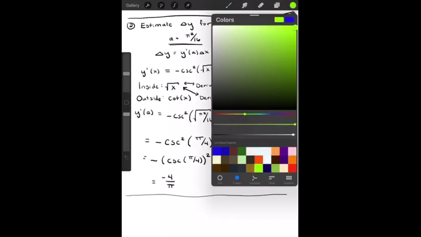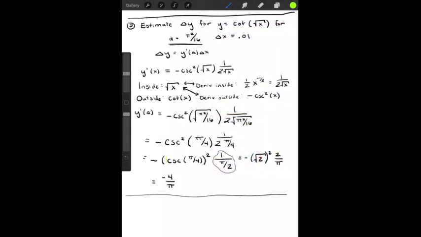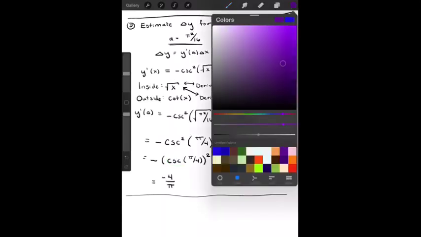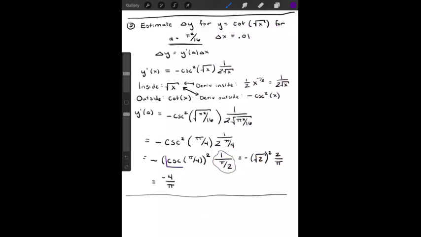So, this guy right here, that's not a great color to see on screen. Let's make it purple. I like purple better anyway. This guy right here, I know, is root 2, because pi over 4 is one of those values that we just know how to plug into all of our trig functions, and we know that when we plug it into cosecant, we get root 2.